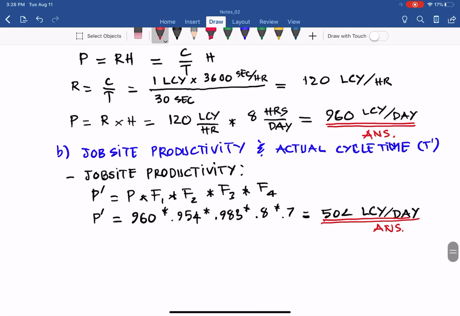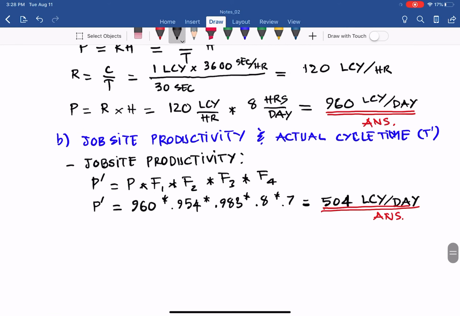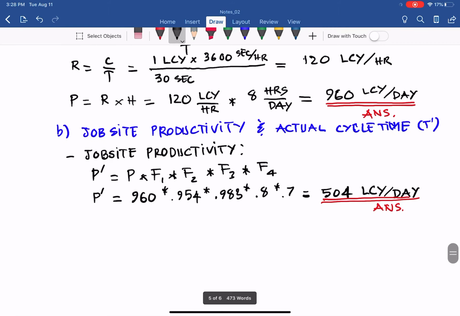That will affect the productivity of the project. And then the second is the actual cycle time. How can we determine that? There are 2 ways that we can determine it here.